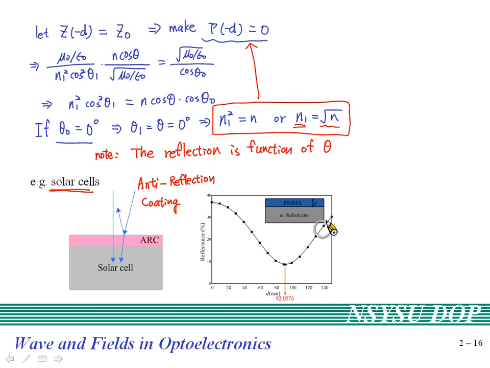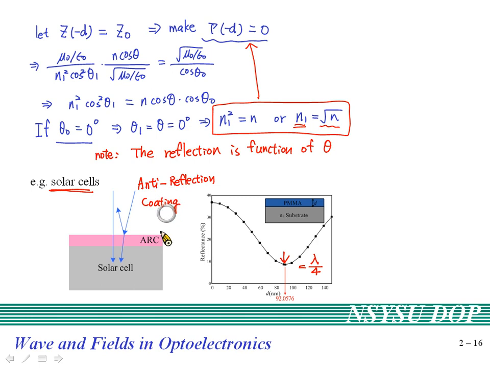As you can see, at this specified thickness of the dielectric layer, you will have relatively small reflection. And this thickness corresponds to the quarter wavelength thickness.